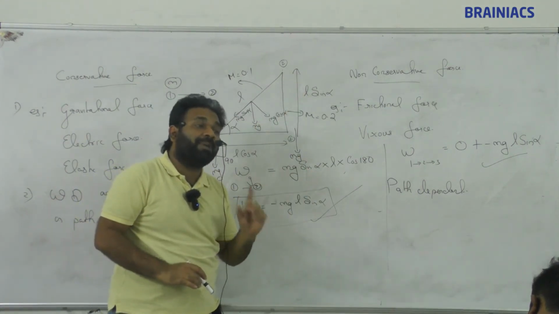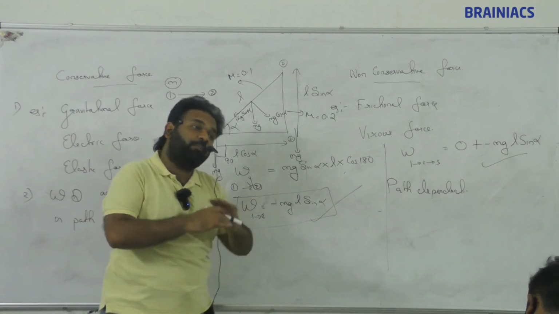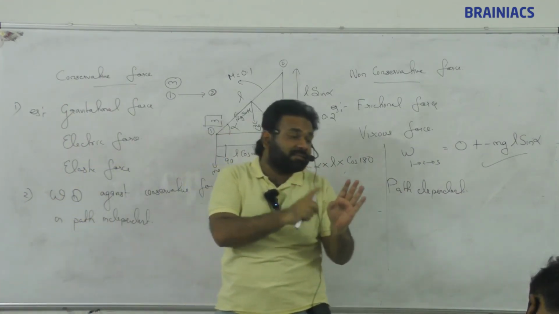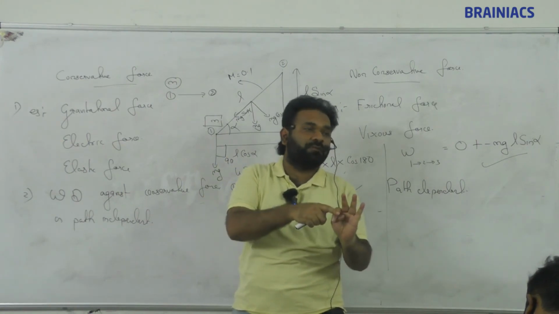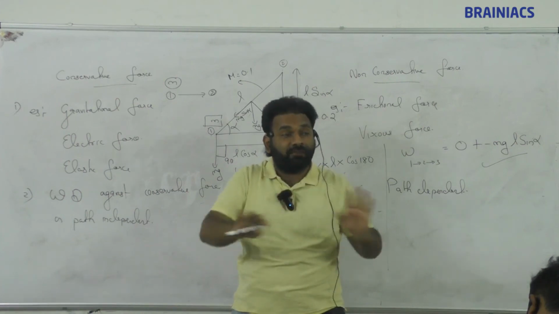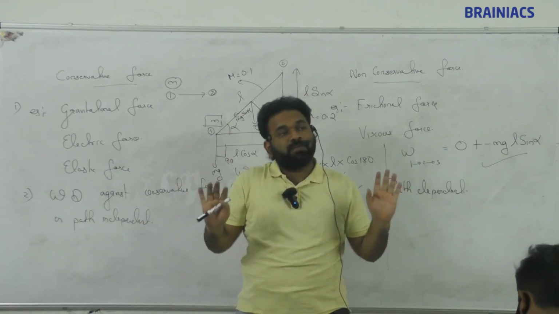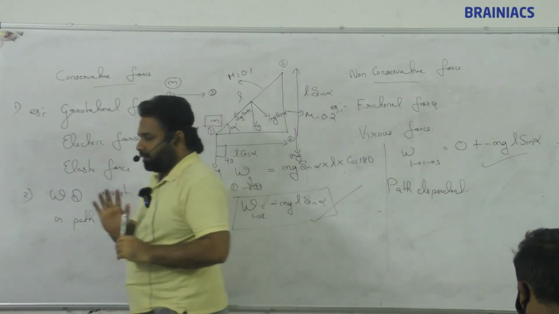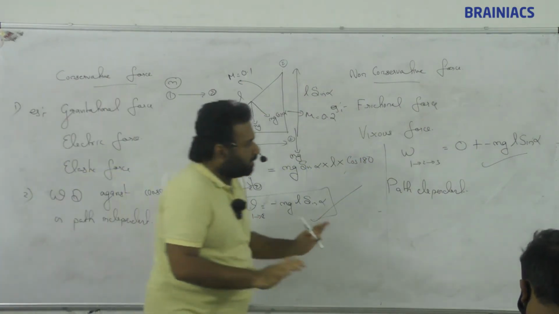So we say path independent. Whichever way we take, work done against gravitational force, electrostatic force, elastic force, all these things will be path independent. We need not bother about the path, just the initial point and final point. Clear or what? Done.